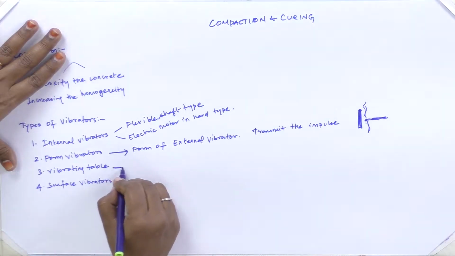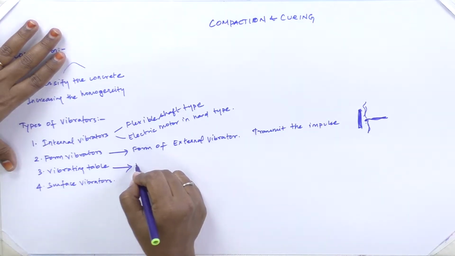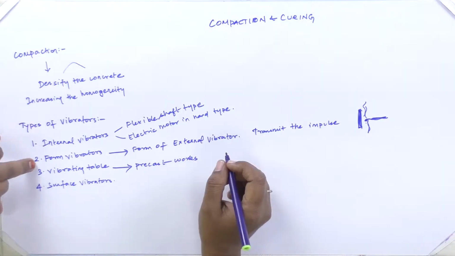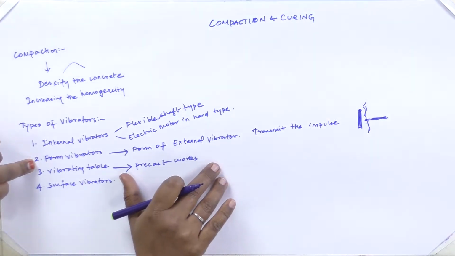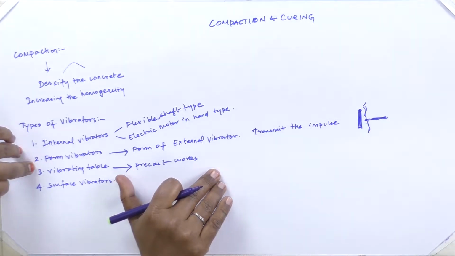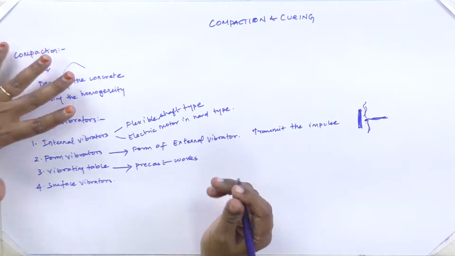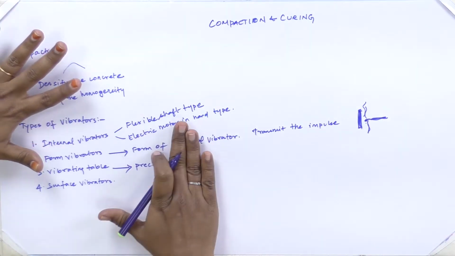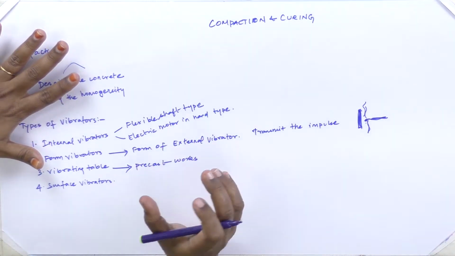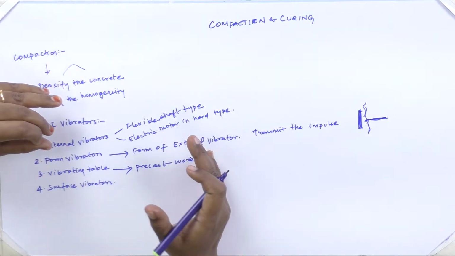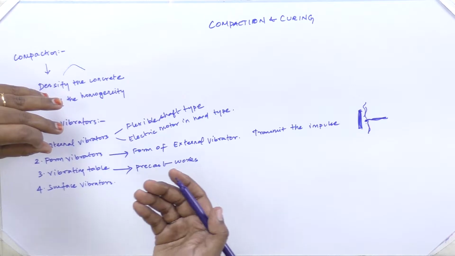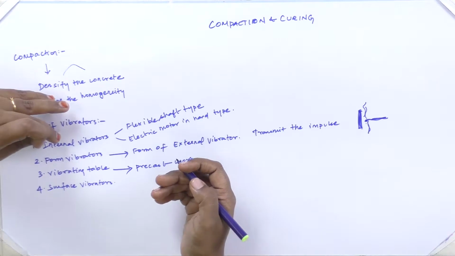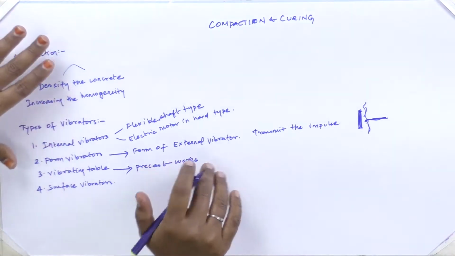These vibrating tables are largely used for precast works. They are mainly used for precasting works that are small in nature. The table itself will be vibrating, and when we place the mold on the table, due to the vibration in the table, the concrete placed within the mold will also get the vibration and it will get compacted.